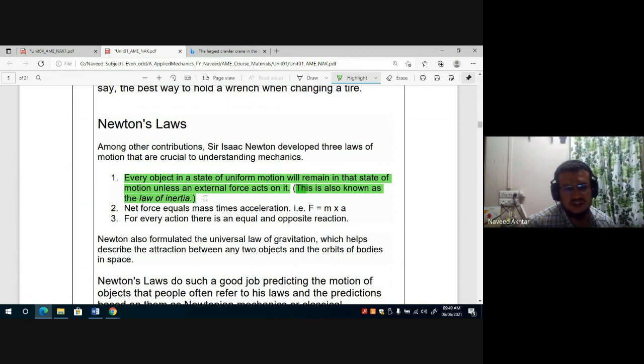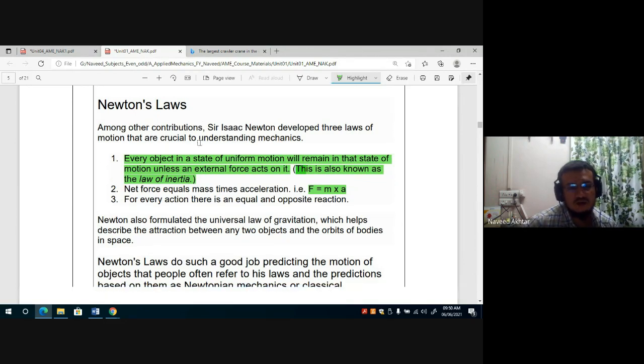Then Newton's second law: net force equals mass times acceleration. Net force F is equal to mass into acceleration. That is Newton's second law of motion. And the third law is that for every action there is an equal and opposite reaction. So these are Newton's laws of motion.